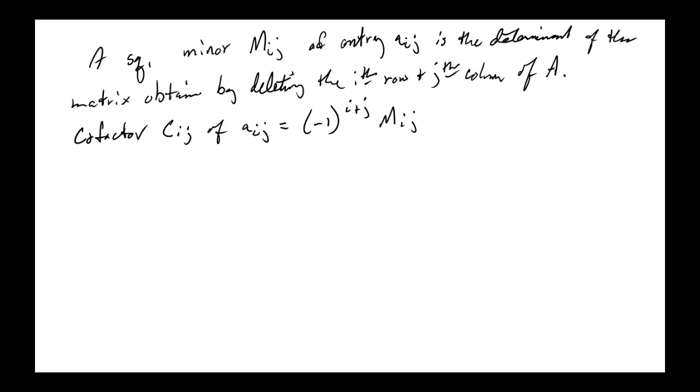So your cofactor is merely whatever determinant remains when you eliminate those rows, the determinant of that minor is either going to be plus or minus of that. And you determine the sign of the plus or minus by the position of that ij entry.